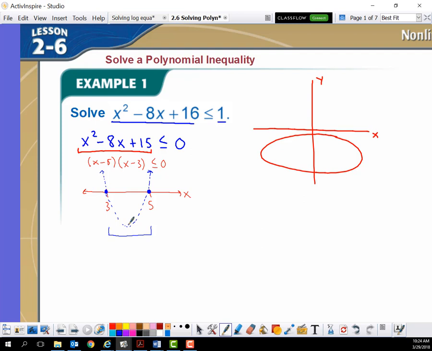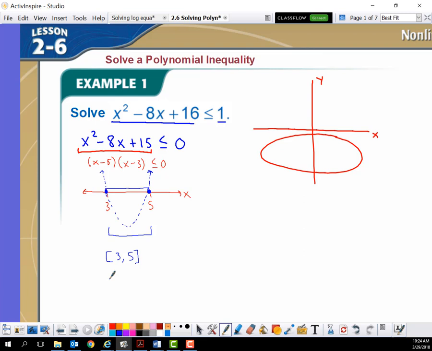So the way that I'd write that is any x value between 3 and 5 would give me a negative function value. So we can write this in interval notation, 3 to 5 with brackets. Remember, we use brackets when it can equal that number, closed circles, and we would use parentheses if it were open circles or it couldn't equal that number.